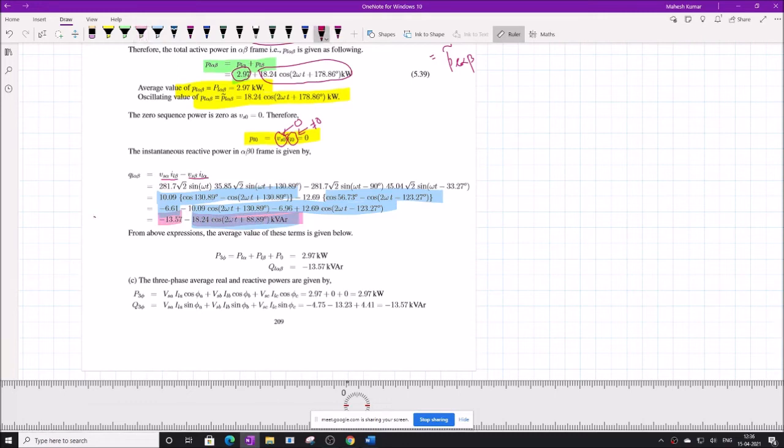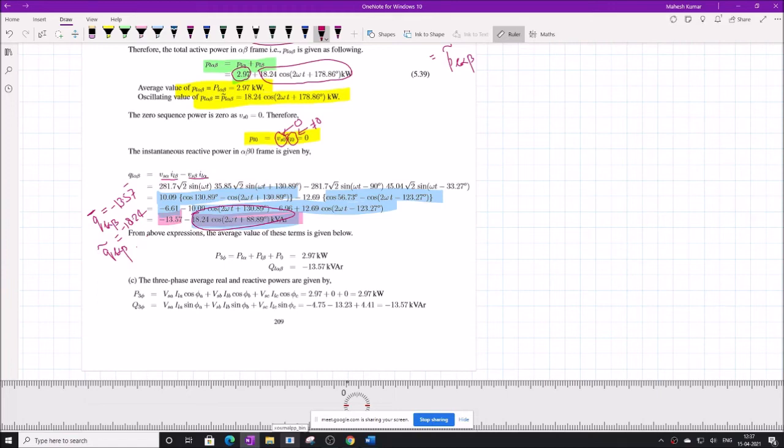QL alpha beta bar is nothing but minus 13.57, and QL alpha beta oscillating equals this whole thing, minus 18.24 and so on, which is the oscillating value of QL alpha beta.